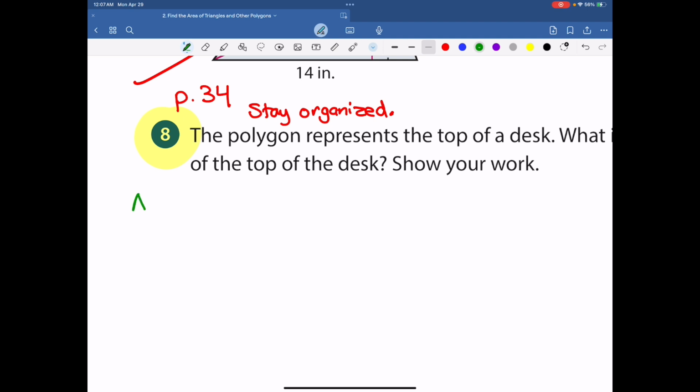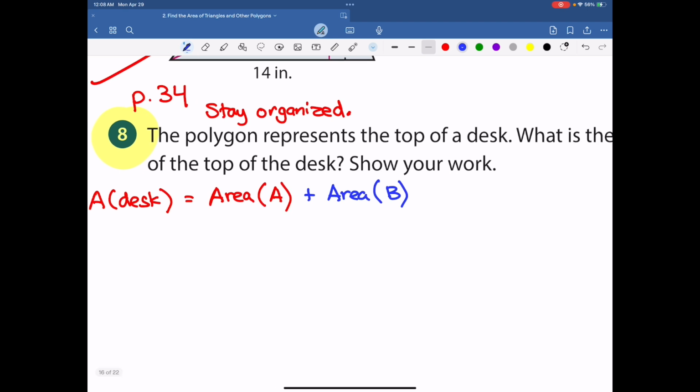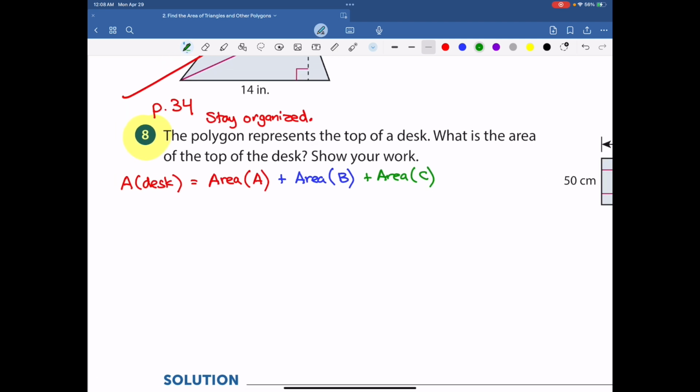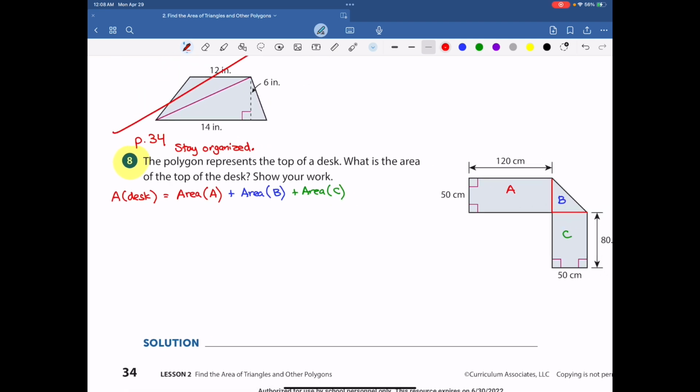Write down that the area of the desk, let me switch to red, the area of the desk equals the area, and I'm going to spell out the word area, the area of section A plus the area of section B plus the area of section C. So let's go take a look at each of these sections, one color at a time, one section at a time. We'll work on red first, the area of section A.